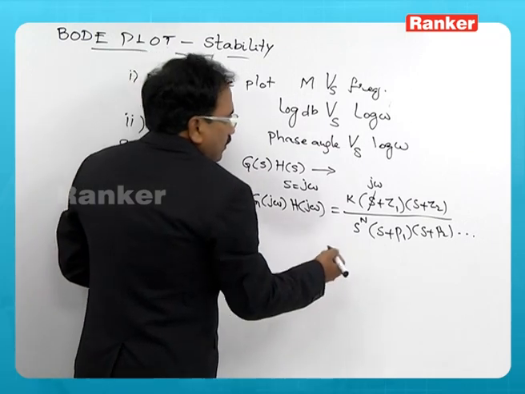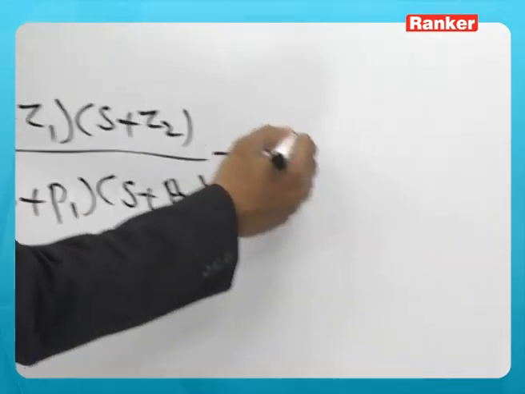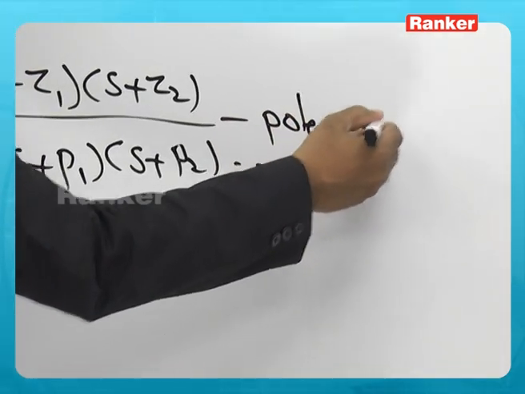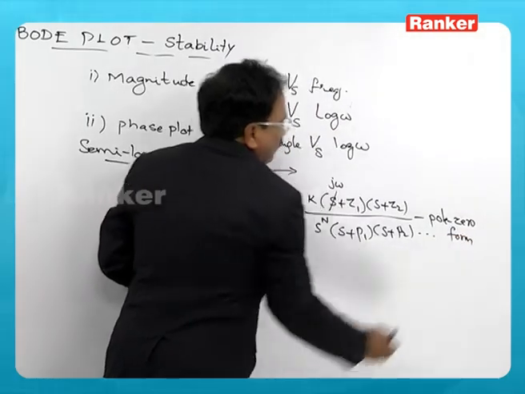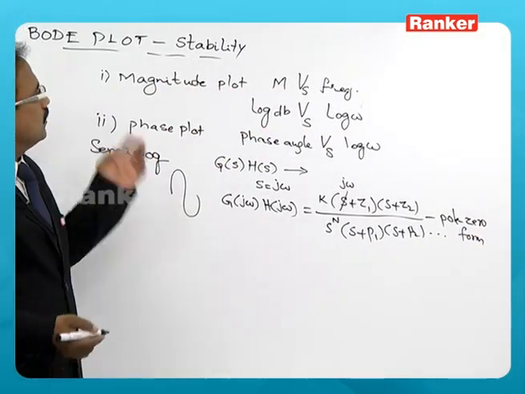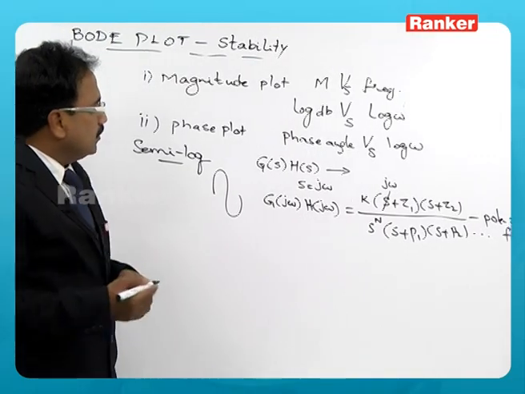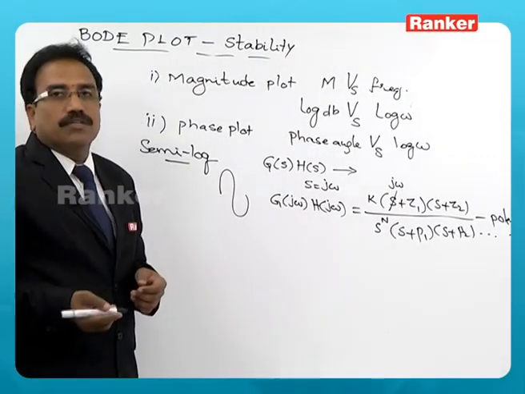Then when I say this is pole zero form, to draw the Bode plot, we need to have the time constant form.